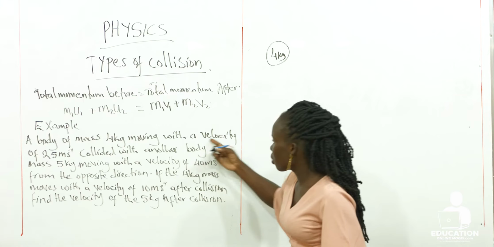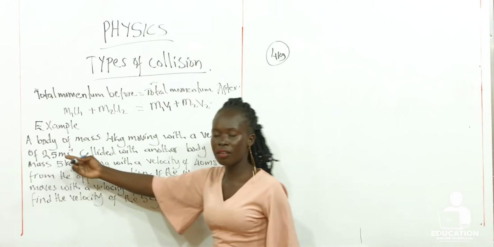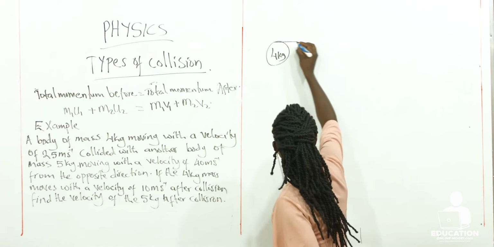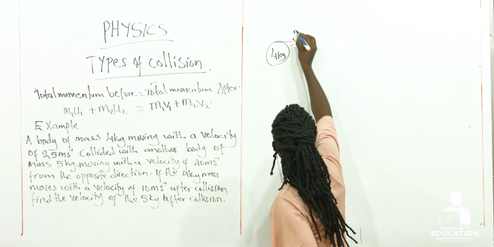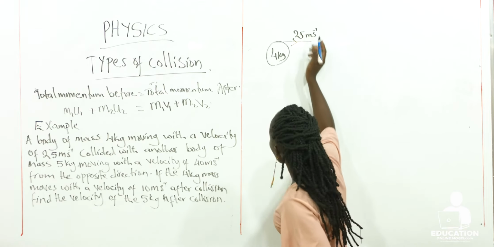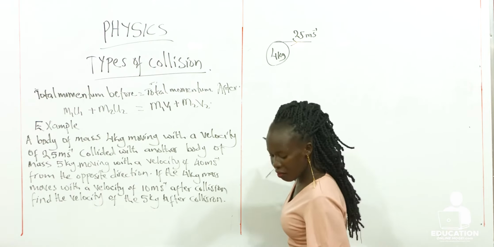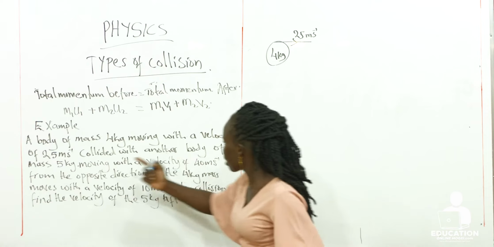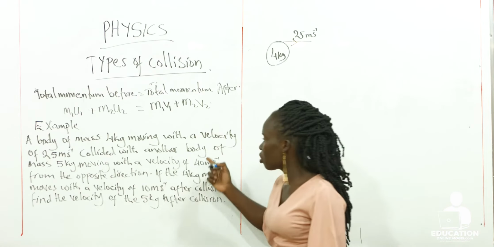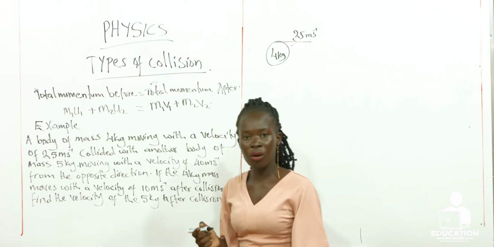It was moving with a velocity of 25 meters per second. So if it is moving with a velocity of 25 meters per second, what happened? It collided with another body of mass 5 kilogram.